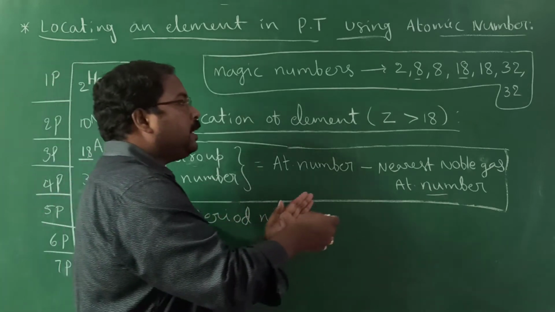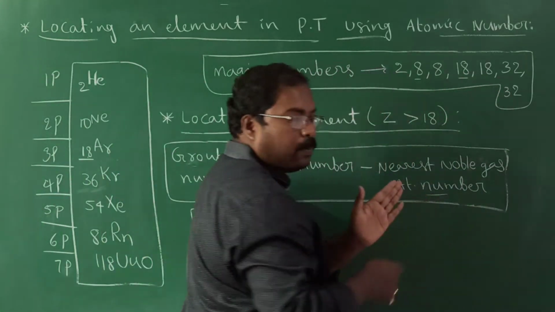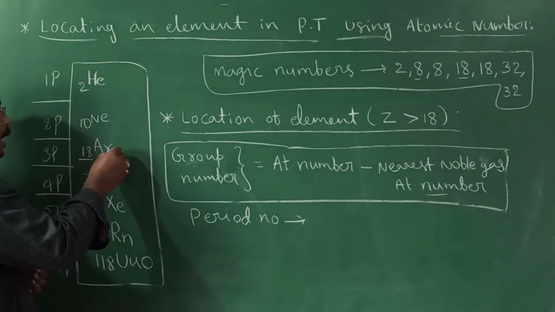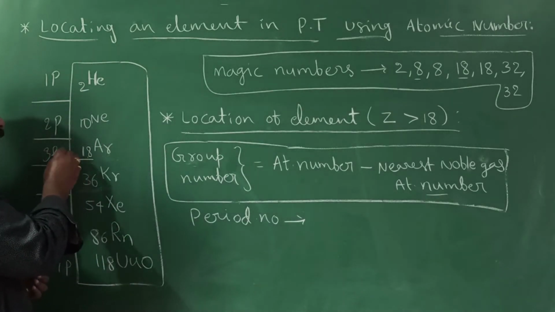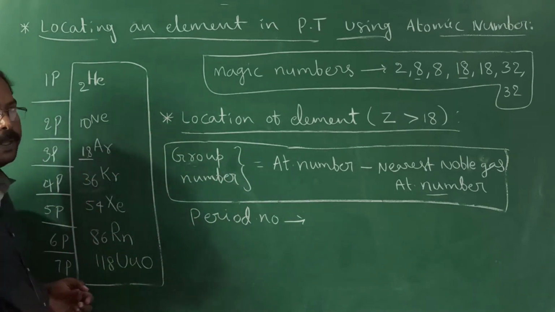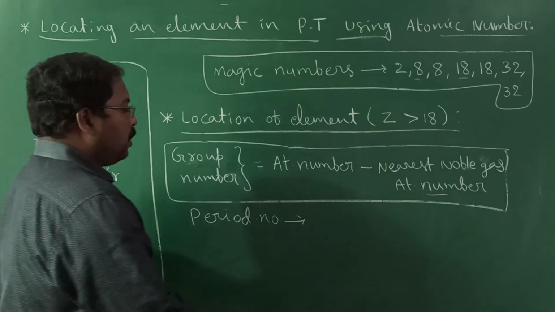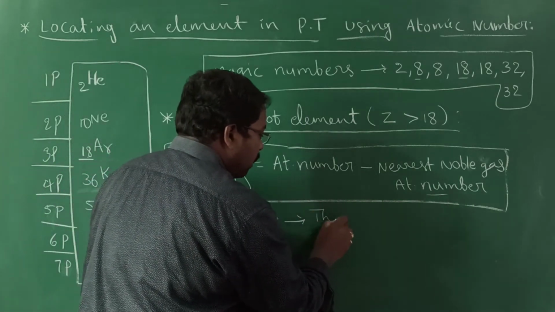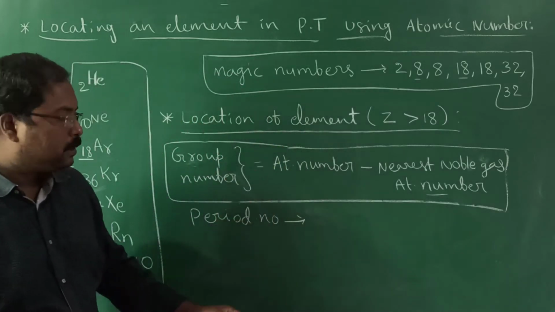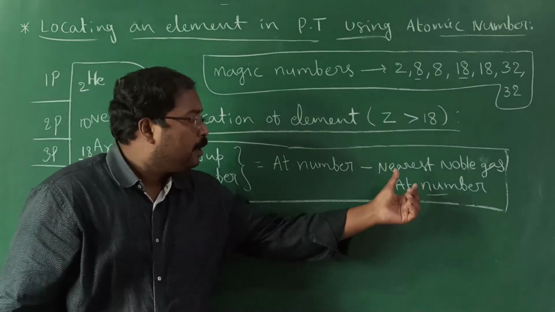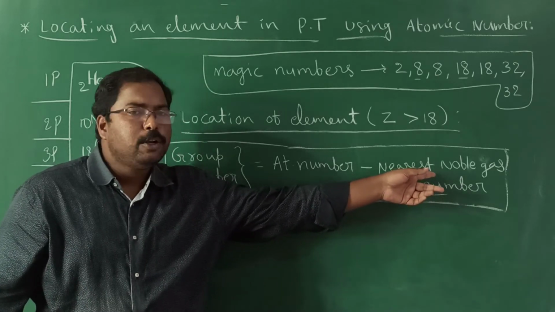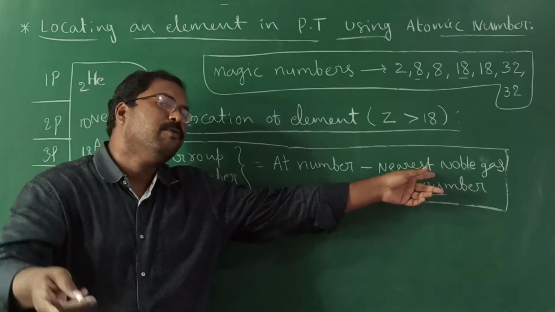Noble gases are present in the last group. So from that, we come to know argon, 18, belongs to the third period, last element. So the next atomic number belongs to the fourth period. Okay? So how to find the period number: note down clearly, whatever period the noble gas belongs to, plus 1. Okay?